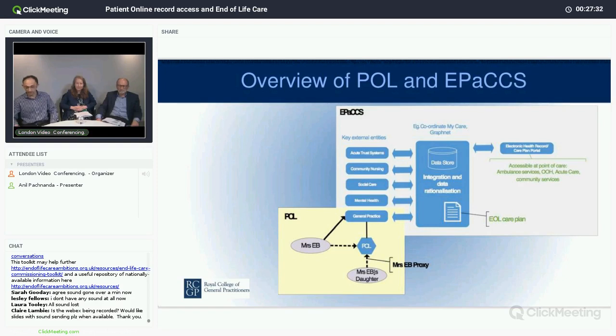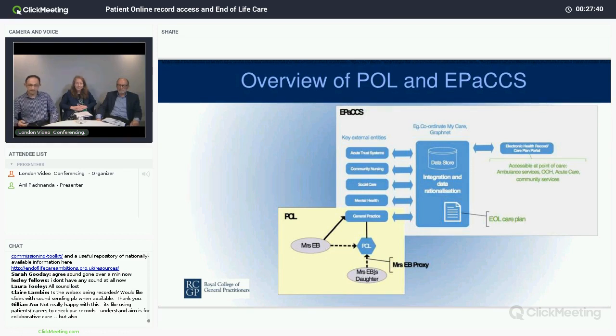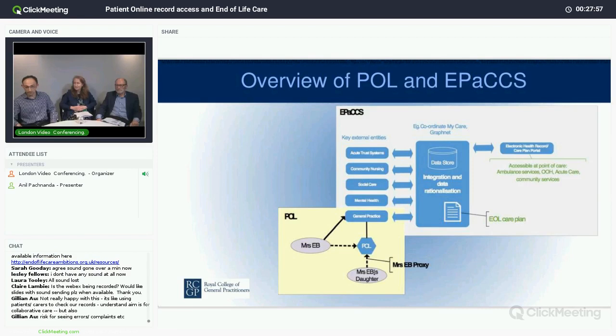So that's all their coded information, not just some of the information that's pulled through into this much more complex EPaCCS system. It's useful to realize that actually all that information is available and accessible to Mrs. EB and her proxy, regardless of that EPaCCS system. So actually their view of their coded information doesn't change.